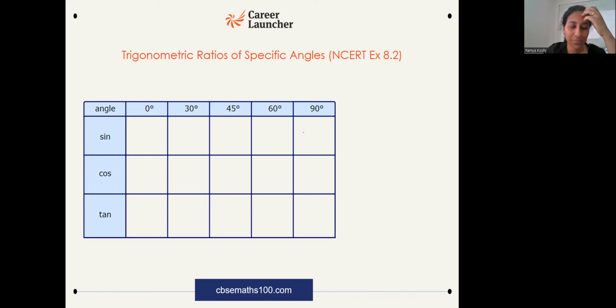If you still don't remember that, then maybe try memorizing the triangle. So what will you use? For 45 degrees, you will use this triangle: 45, 45, with sides 1, 1, root 2. And in case you are using half of the equilateral triangle, you will use an equilateral triangle whose side is 2. Just a moment.